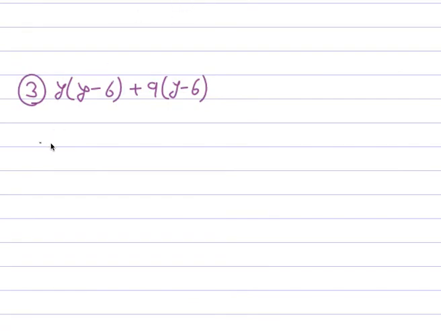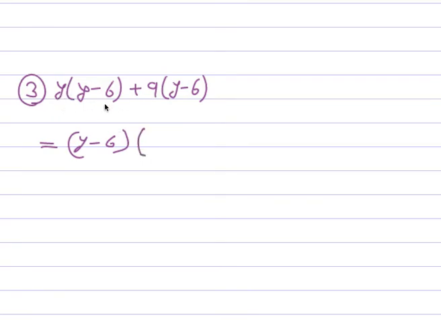Okay, now here two terms, this one first and this one second, separated by this plus sign. From this term and this term, what is the common factor? The bracket portion is the common factor, so we can take out the common factor bracket.